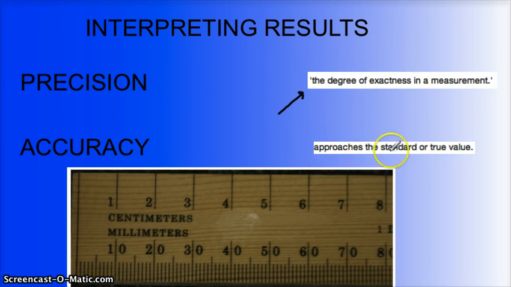Accuracy is how right something is. But let's talk a little bit more about what it means to be precise, to have precision. If you have precision, the measurements you get repeat each other.